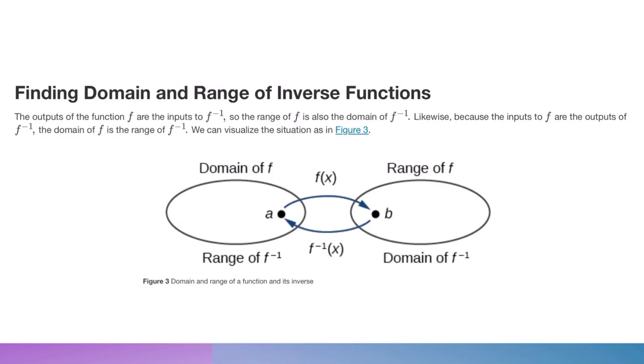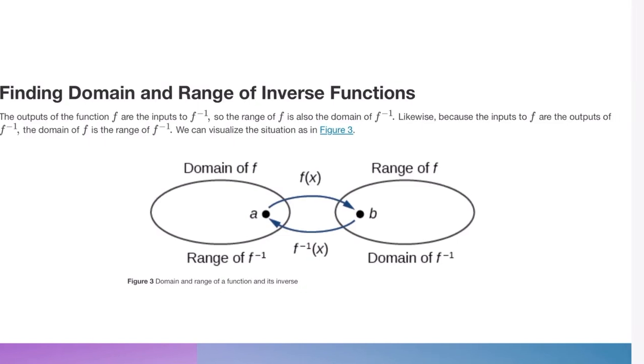Then the domain of the inverse matches the range of f, and the range of the inverse matches the domain of the original, right? The inverse takes your outputs and uses those as your inputs, and takes you back to your original inputs. Your original inputs now become your outputs.